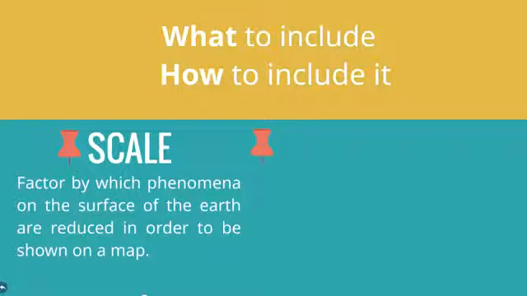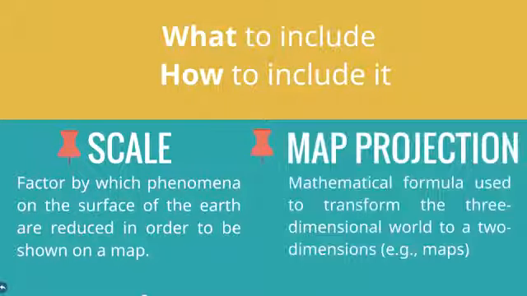In conjunction with the selection of a particular scale at which we want to include or exclude any geographic feature is what is called a map projection. Now, as you know, we live in a three-dimensional world. The Earth is round and spherical, floating through space, despite what the flat earthers may think.